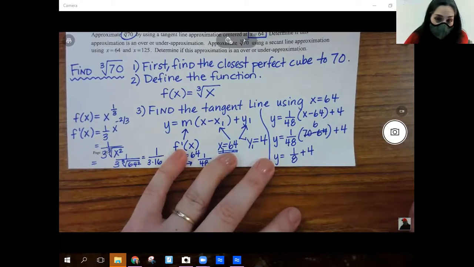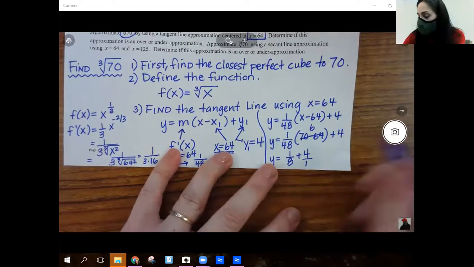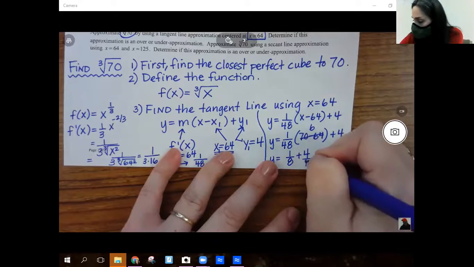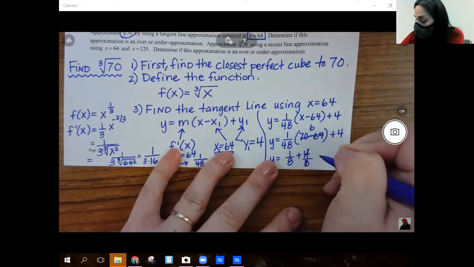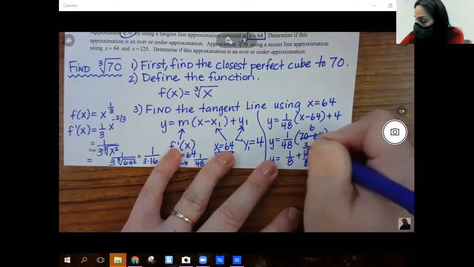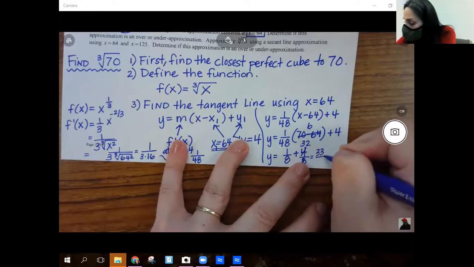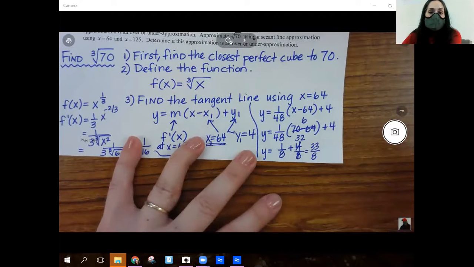Now, we could still do this in our heads, right? Because we could get common denominator. So the common denominator is going to have to be 8. So if this is 8, this becomes 32 over 8. So y equals 33 over 8, right?